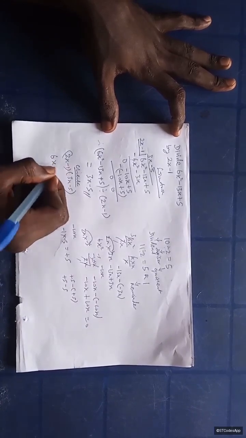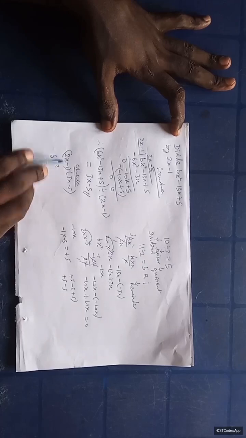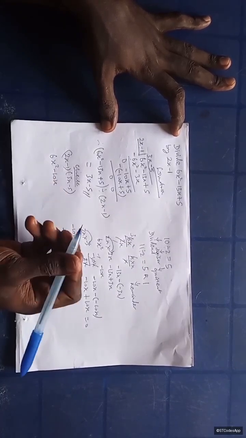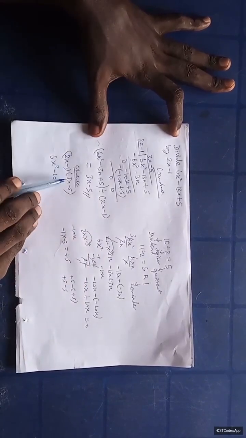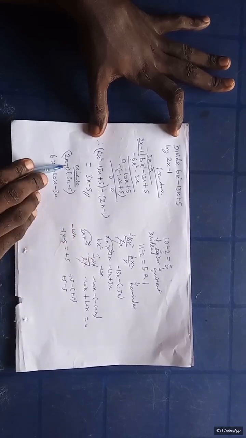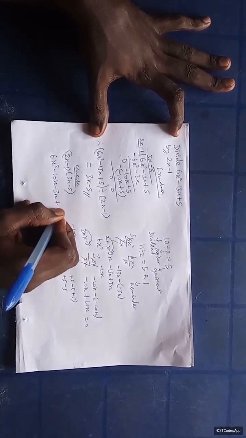X times x is x squared. Then 2x multiplies minus 5, that gives us minus 10x. Then minus 1 times 3x gives us minus 3x. Then minus 1 times minus 5 gives us plus 5.